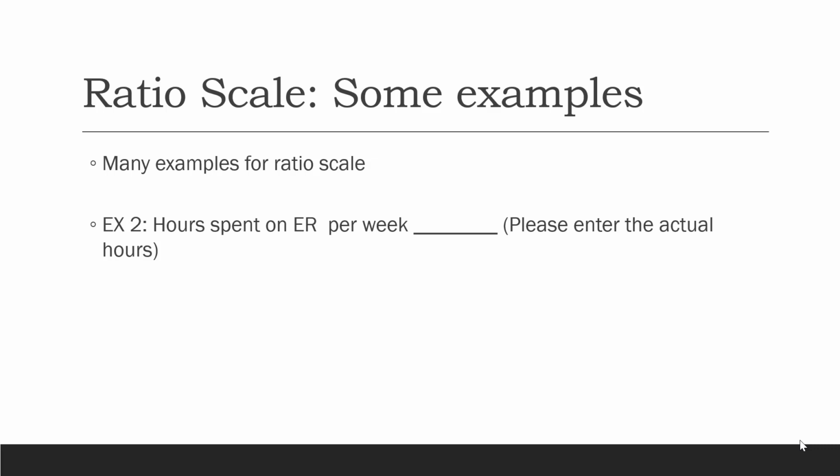So if they on average spend 3 hours per week, they are going to enter 3 hours. If they spend 5 hours and a half, they are going to enter 5 hours and a half for you. So once again, hours devoted to extensive reading or hours spent on exercise per day can be a very good example of ratio scale also.